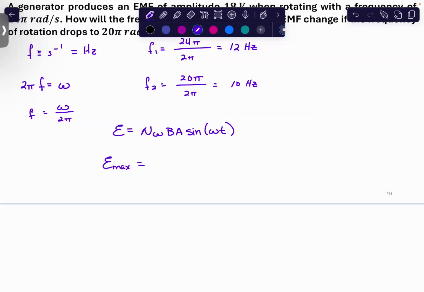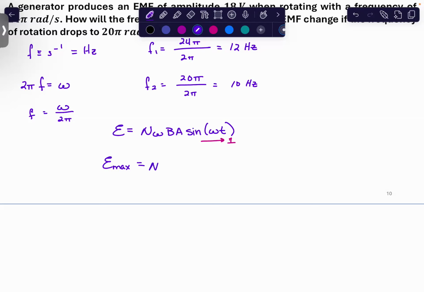There's a number of ways you can look at this. Since it's a sine function, it could be when the cross-sectional area of your loop is perpendicular to the magnetic field. But the whole point is your amplitude, your maximum EMF, occurs when your sine function equals 1.